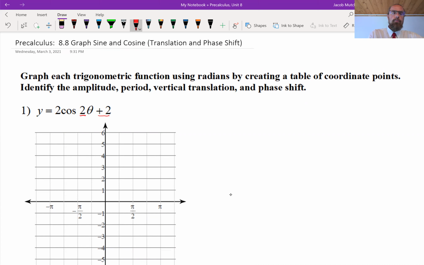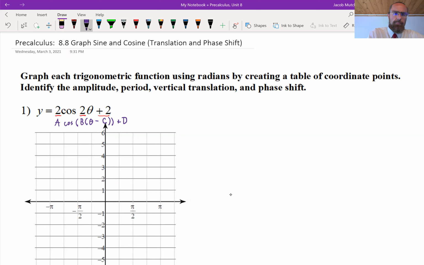We got that 2 there by the theta, and then also our amplitude has been changed by that 2 in the front. Just to line that up again with our general form, we would say that this is A times cosine of B times theta plus, in fact, we'll call that minus C, and then plus D.